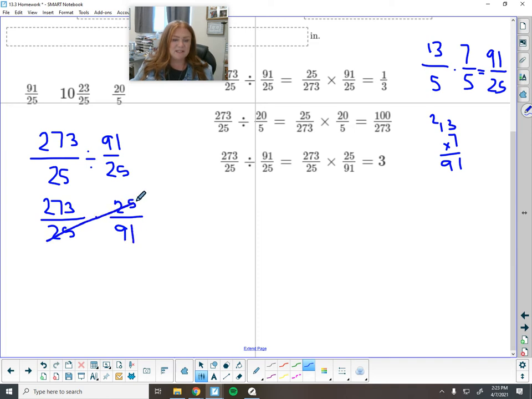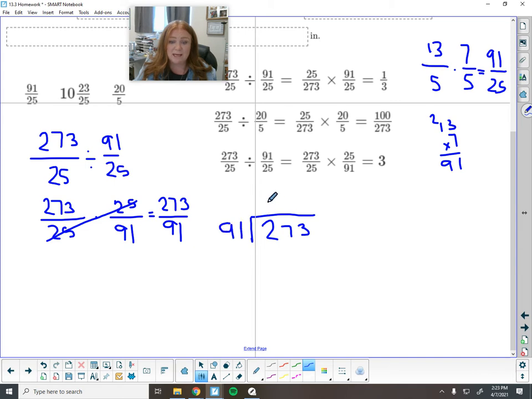So the 25s cancel out. So we're left with 273 over 91 here. So now we just need to finish and see 273 divided by 91. So I'm going to let you go ahead and finish that up to see what that is.